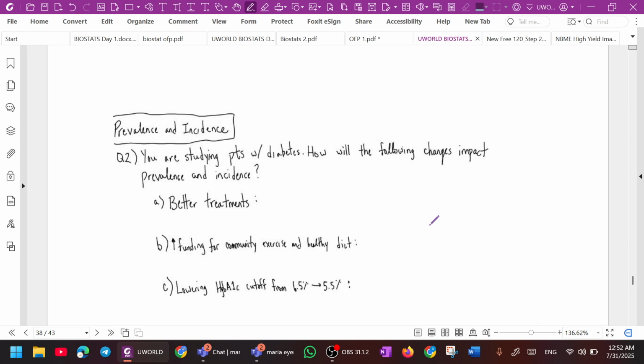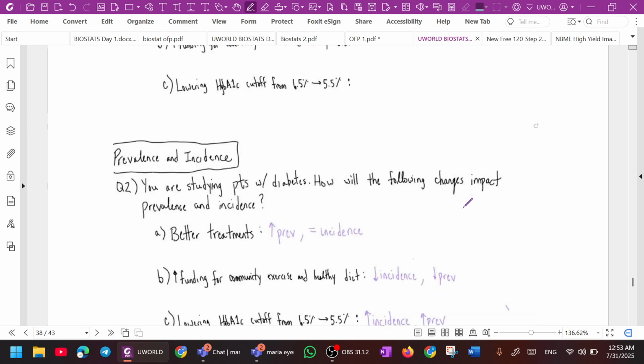So if we increase the cutoff, then there is increased prevalence. Increase prevalence. Let's check.